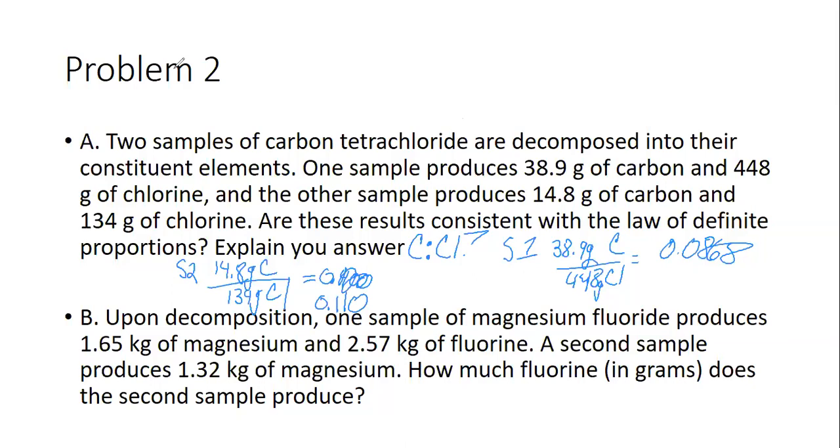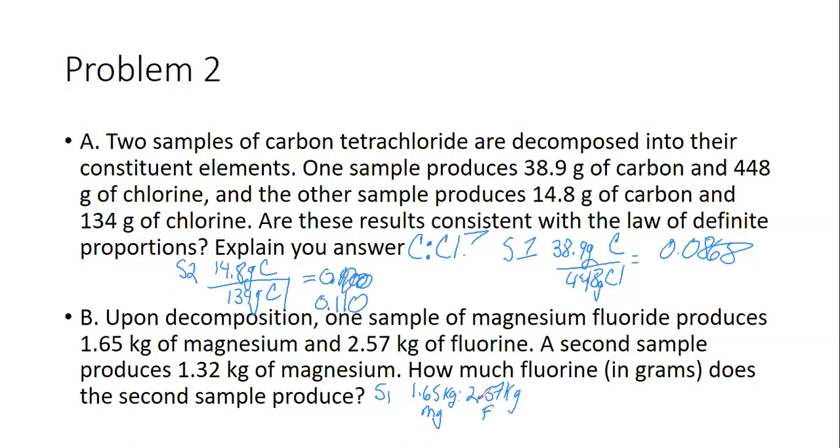So again, the way that I would start this is with any word problem, write down a simpler version of what's going on so I don't have to look at all these words again. So sample 1, I get 1.65 kilograms of magnesium for every 2.57 kilograms of fluorine.